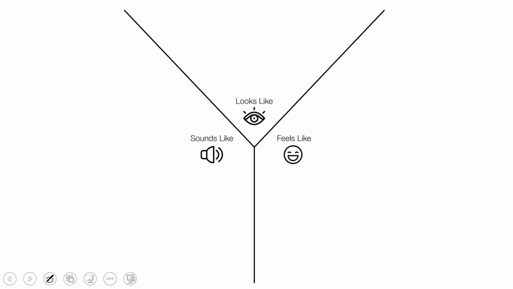Then how does it feel like? Very strong, heavy, etc. So in this way we approach a particular topic from 3 different perspectives. First, how it appears to us visually, then how it sounds to us or what we have heard about it, and then what is our impression about it.